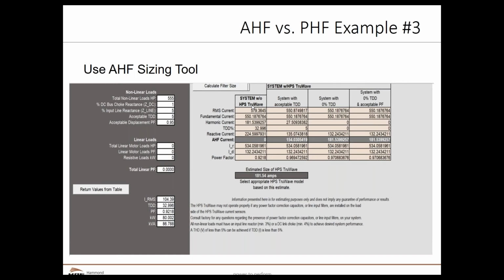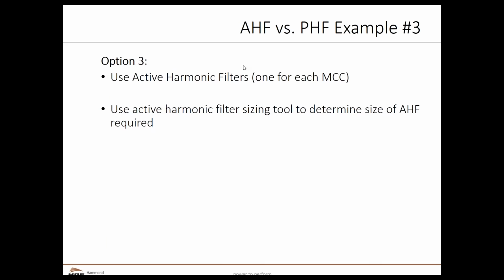We have a 5% line reactor. And we're trying to get the current distortion acceptable TDD to 5% and a 0.95 power factor. So it's determined that you need about 182 amps of active filter current to address the harmonics and power factor. So we would choose a 200 amp active filter.